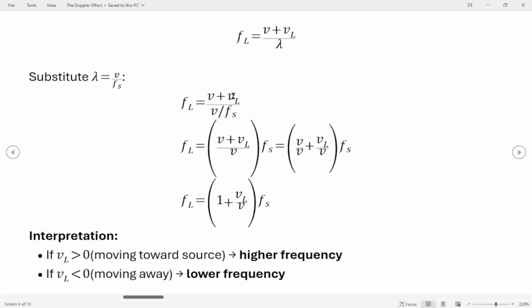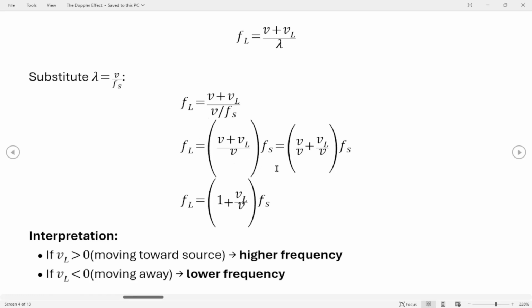Take note that the listener is moving, which is why we have the v sub L here, over v over f sub S. Now v over f sub S is actually the lambda, the wavelength of the wave, which has a unit of meters.